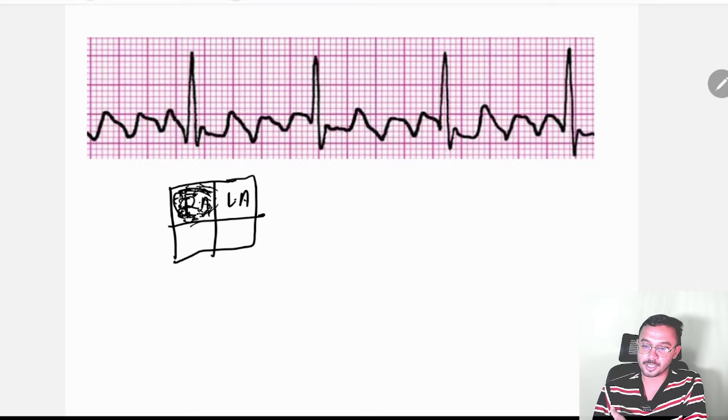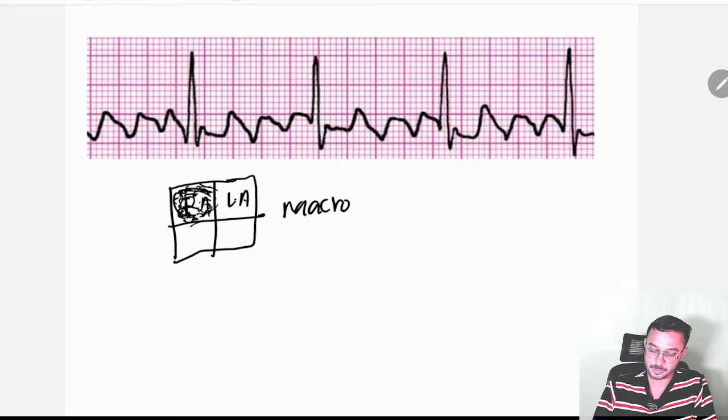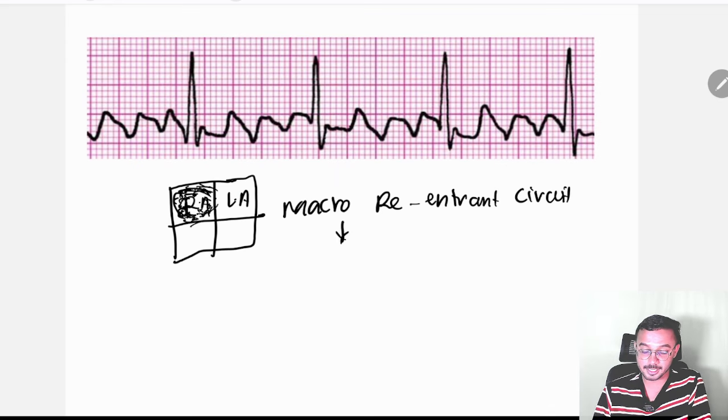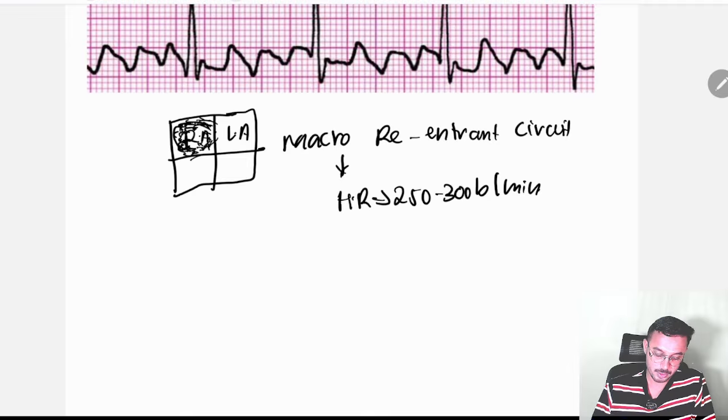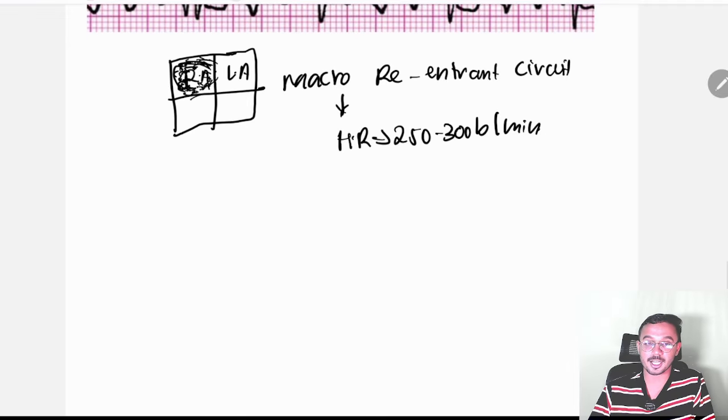It is not going to the left atrium. So that's why there is a macro re-entrant circuit. The heart rate in atrial flutter is 250 to 300 beats per minute, whereas in atrial fibrillation it is 300 to 600 beats per minute.